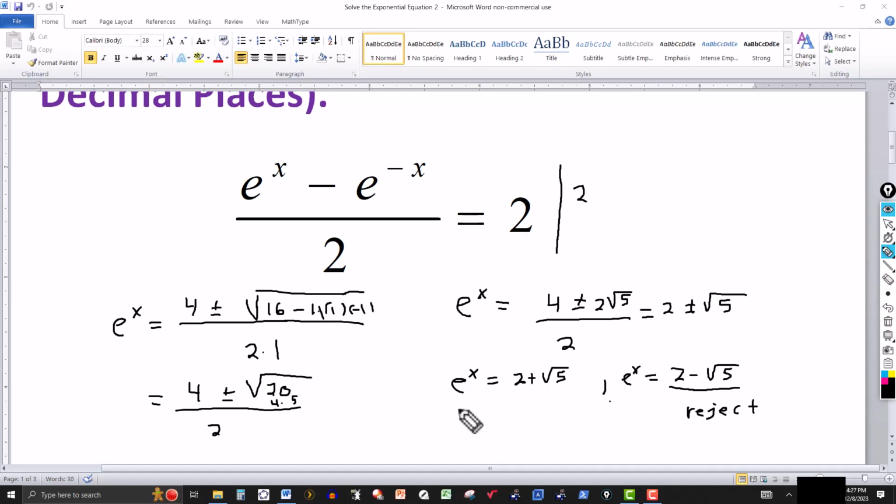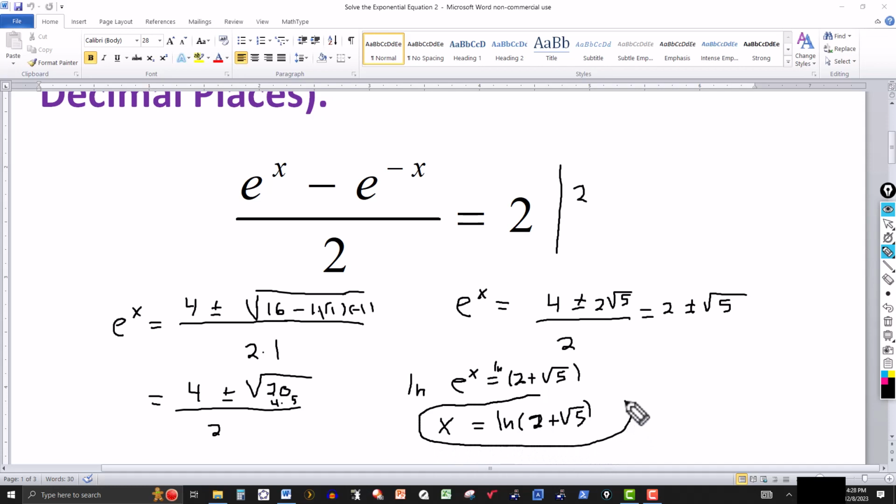So what we'll do here is just take the natural log of both sides. Natural log of this side and the natural log of this side. Because I have base e here for the log, the left side is just going to give me x. And the right side I'll have the natural log of 2 plus the square root of 5. So the exact answer is this right here.